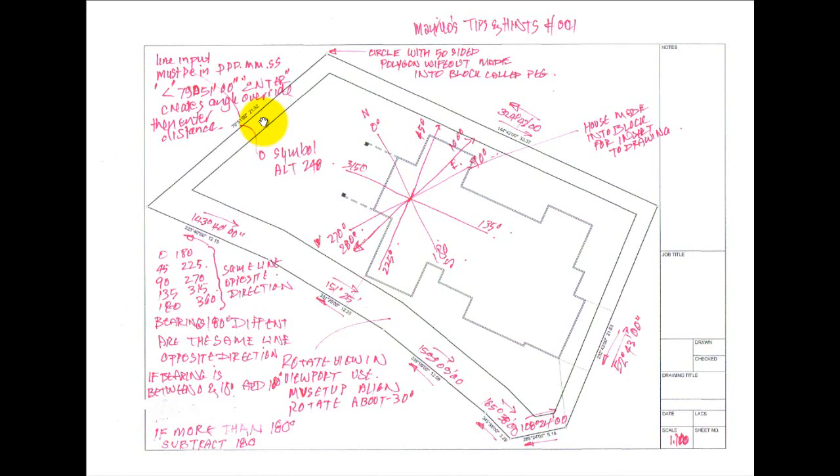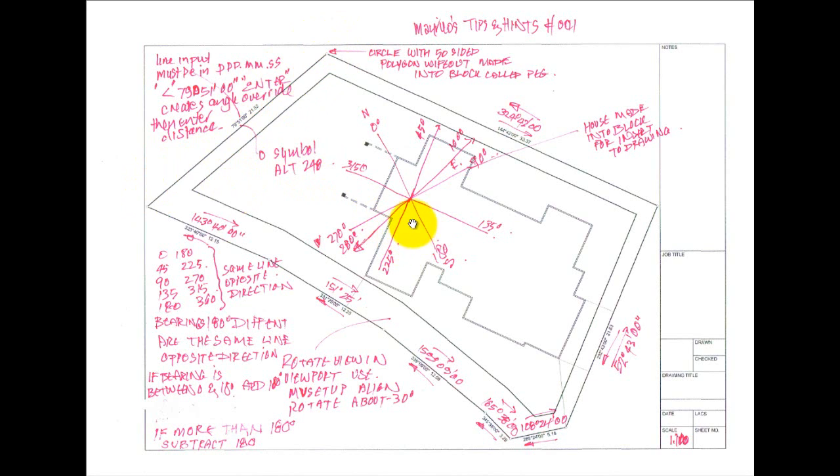Now a bearing that is 180 degrees different from the original bearing is still the same line, it's just going in a different direction. So if we take for instance this particular line here, which is 79 degrees 51, that's going in this direction up here, 79 degrees 51. Going back the other direction, and I haven't written it on here for this one, would be 259 degrees 51.